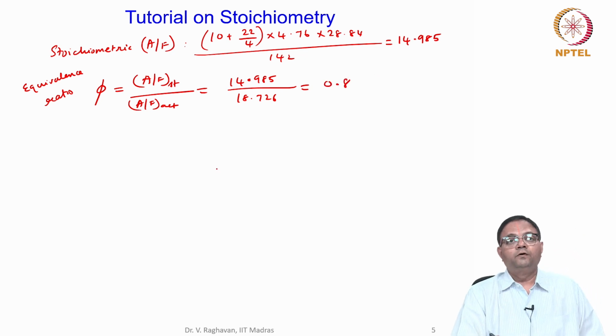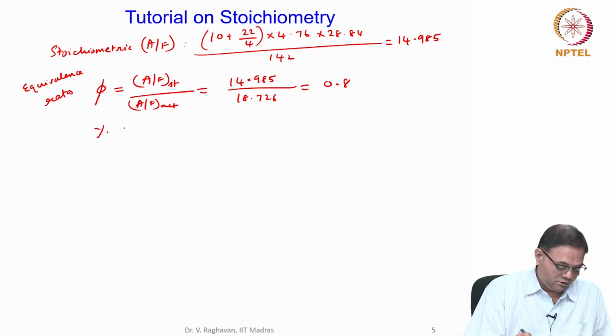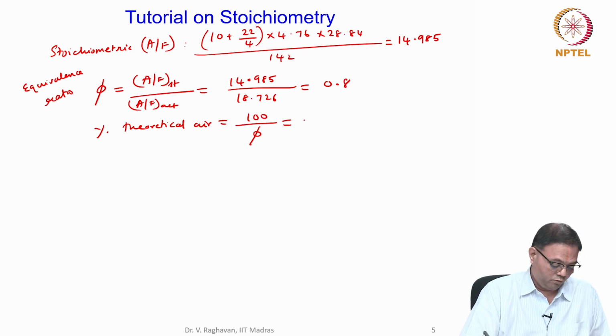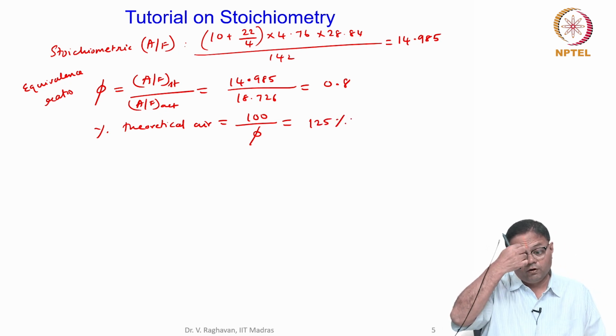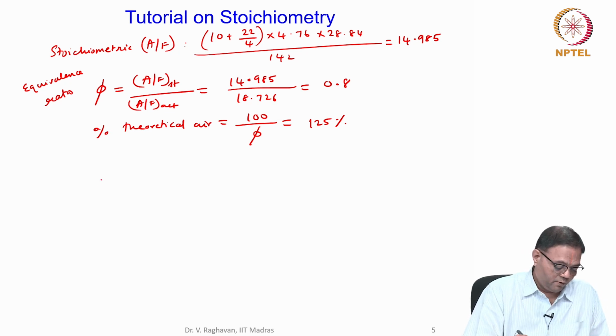That is, more air is supplied than the required or theoretical amount of air. Percentage theoretical air will be equal to 100 by phi, which is equal to 125%. That is, 125% of air is supplied compared to stoichiometric.